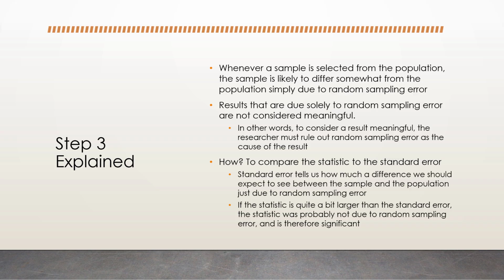If the observed test statistic is much larger than what we expect from standard error, it's unlikely to be due to chance and is called statistically significant. When alpha equals 0.05 is used, the threshold is roughly 2 standard errors away from the mean.